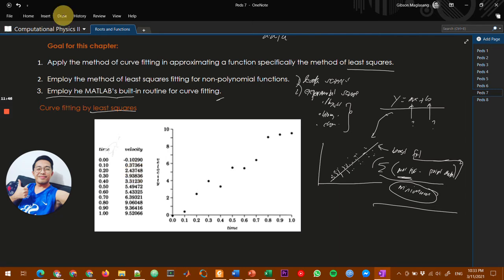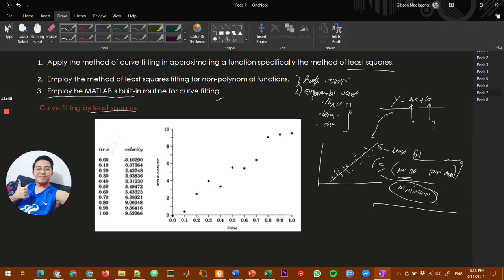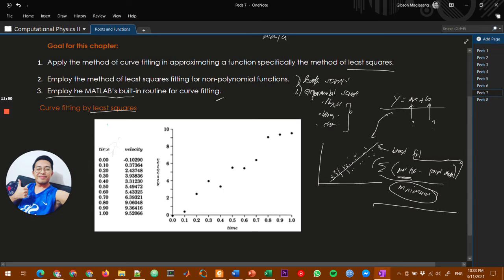And if you draw a straight line, your goal is actually to determine this best fit.